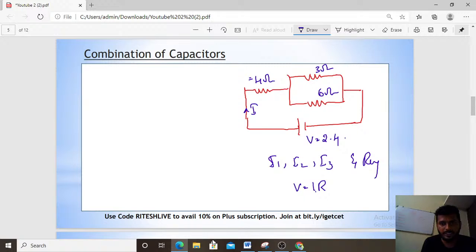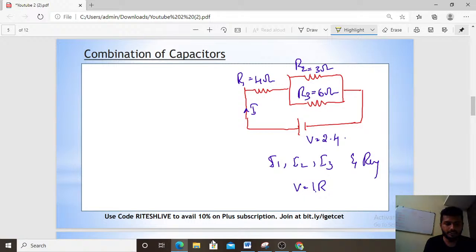So if you take this as R1, then current through it here is I1. Similarly, if it is R2, then current through R2 is I2. Similarly, I3. Okay, so start solving it. Very easy concept. How can you find R equivalent? So first go for these two, that is R2 and R3.